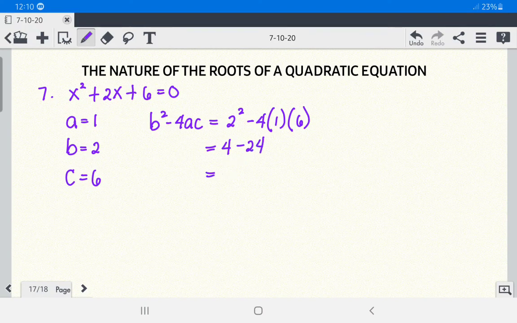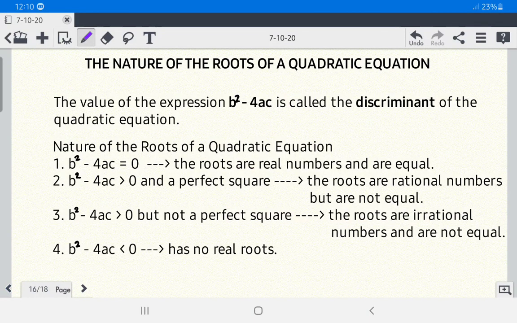Then, 4 minus 24, we have negative 20. So, notice that the discriminant is a negative number, or a number which is less than 0. If you go back to the condition that if b squared minus 4ac is less than 0, then it has no real roots.